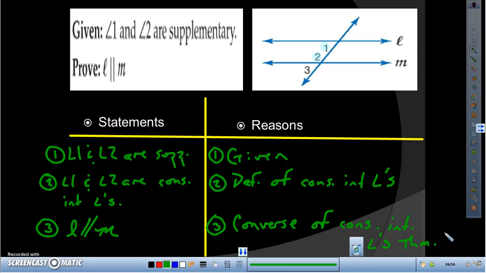Okay, so all the example problems that we did in this PowerPoint are the same type problems. We're just using different formats to do our proofs.